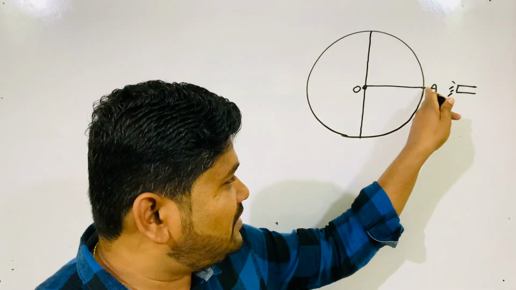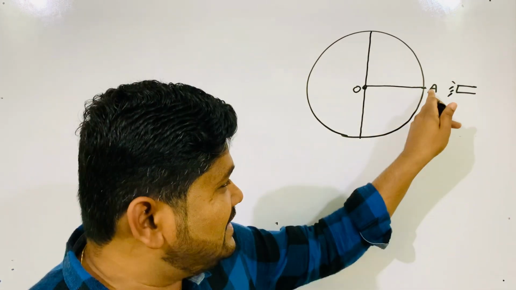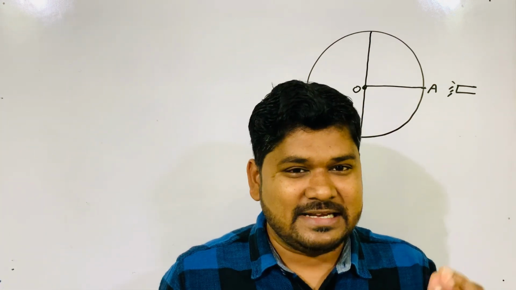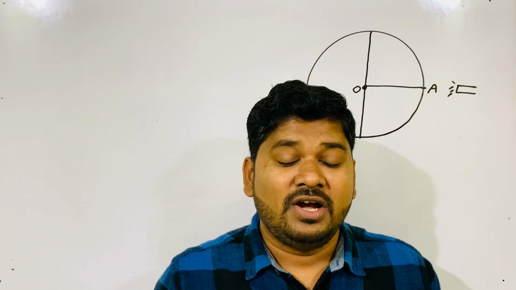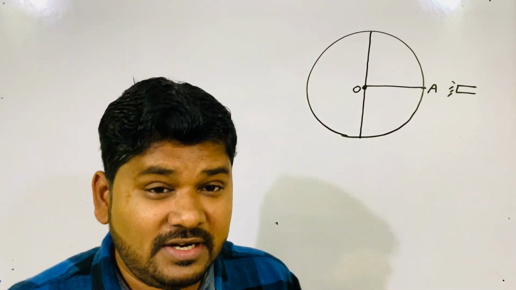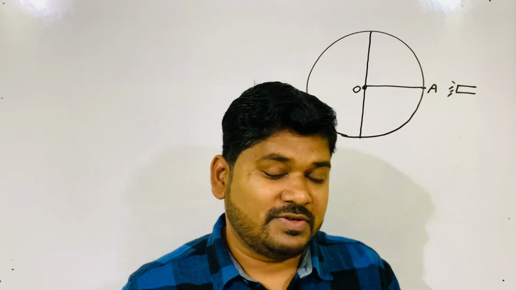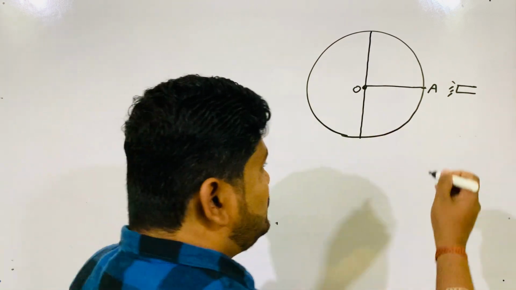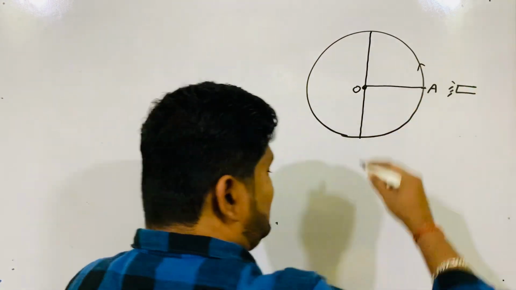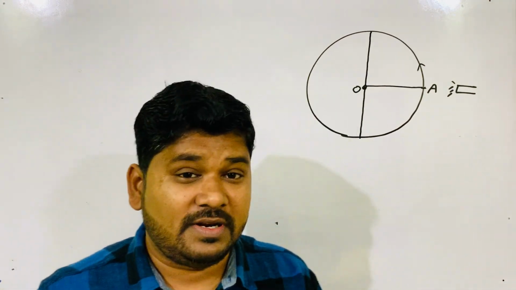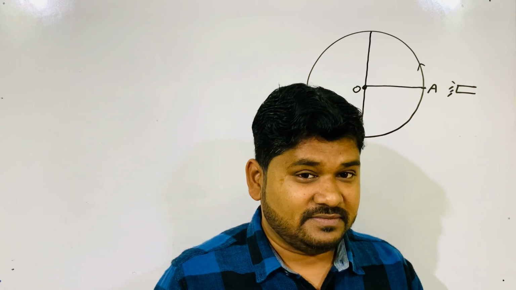When the torchlight falls on A, its shadow will fall on O. So three things I told you: foot of perpendicular, projection, or shadow. Now see, the body is moving like this in the anti-clockwise direction, in uniform circular motion with constant speed v.